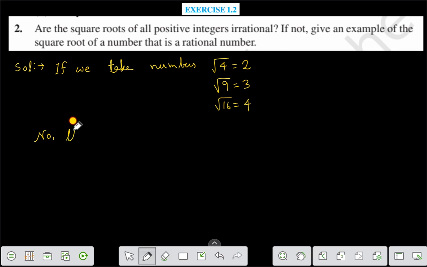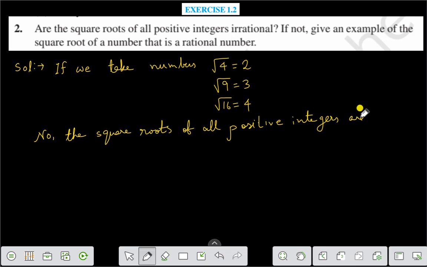The square roots of all positive integers are not irrational.